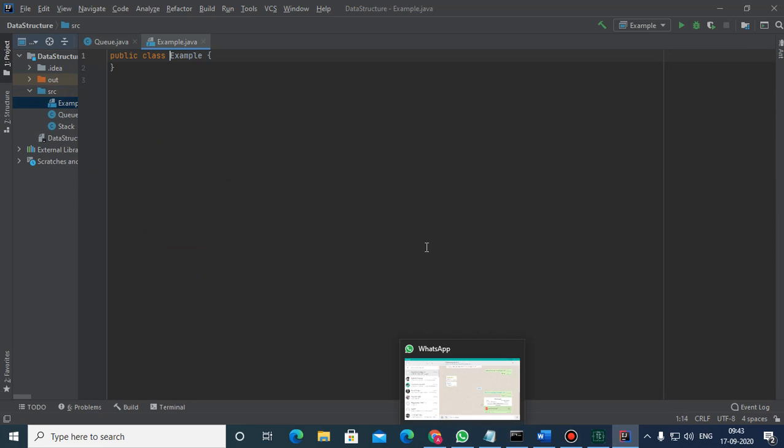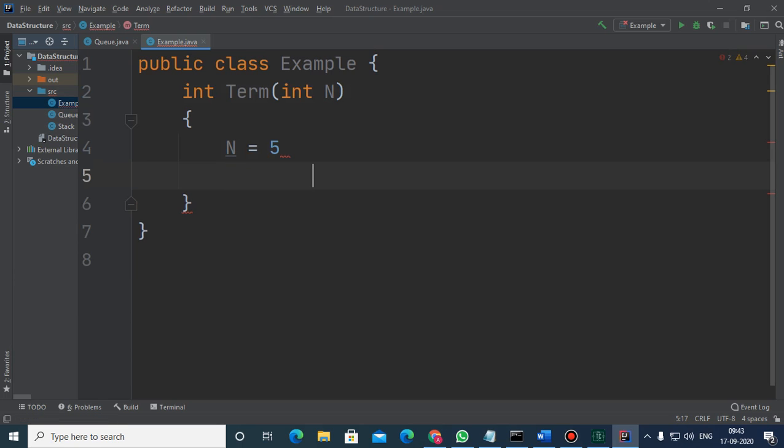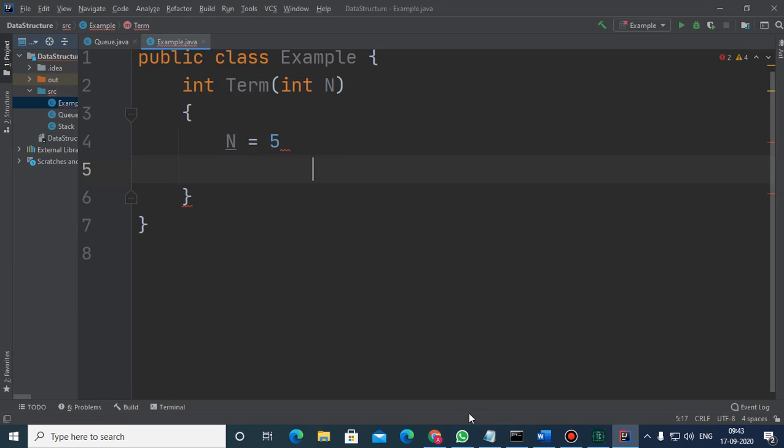Okay. So children, the first recursive function which I am going to explain is the sum of n natural terms. So this is the function term, and this is the limit I am passing here.